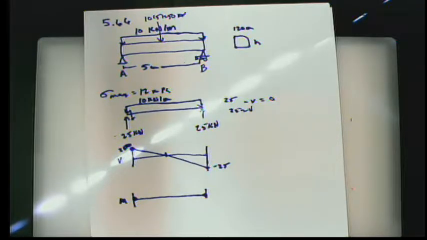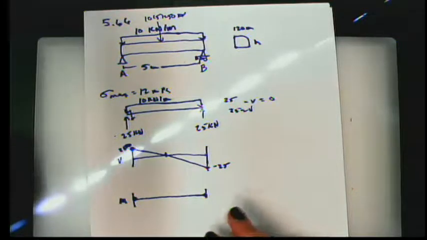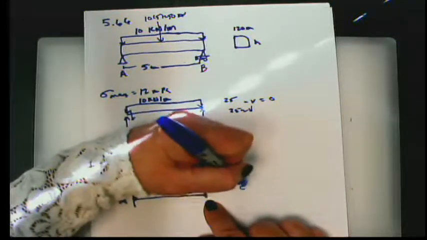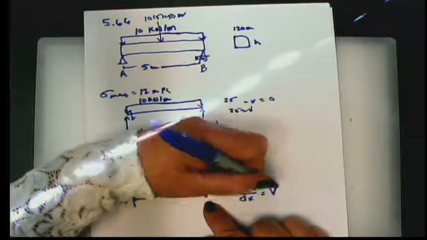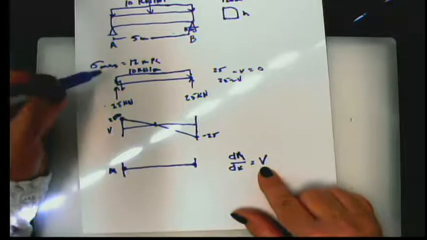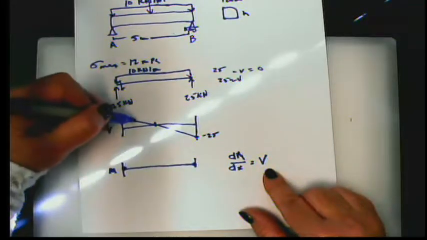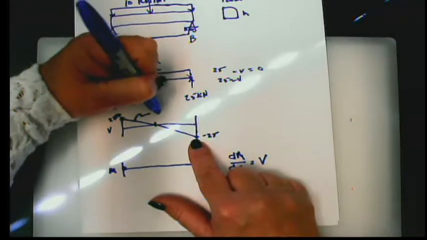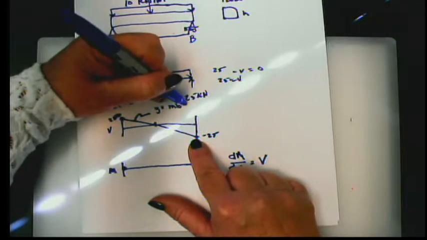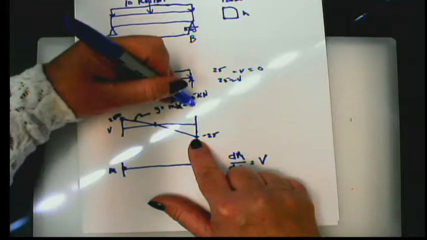So what I'm going to do is take the equation for M in terms of V and separate that equation so that we are able to just use this. So we know that dM/dx is equal to V, right? If we look at this, the shear is a straight line, and we know that the equation of a straight line is y equals mx plus b.